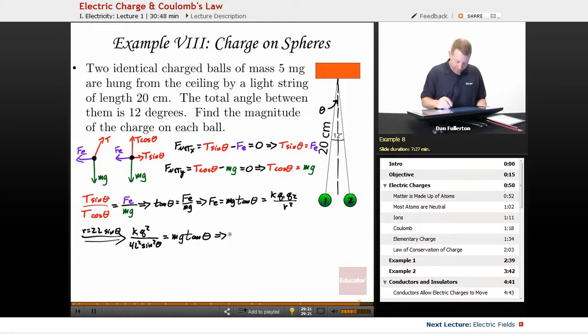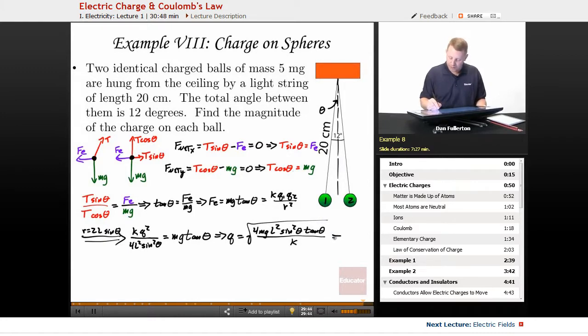Rearranging this and solving for just Q, the charge must be equal to the square root of 4 mg L squared sine squared theta tangent of theta all over K. Wow, that's quite the equation.